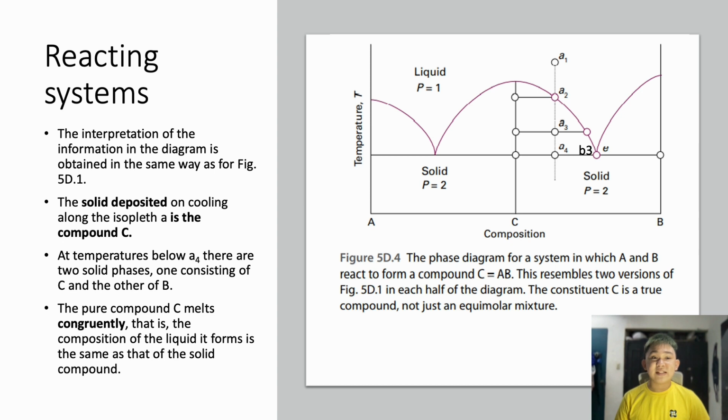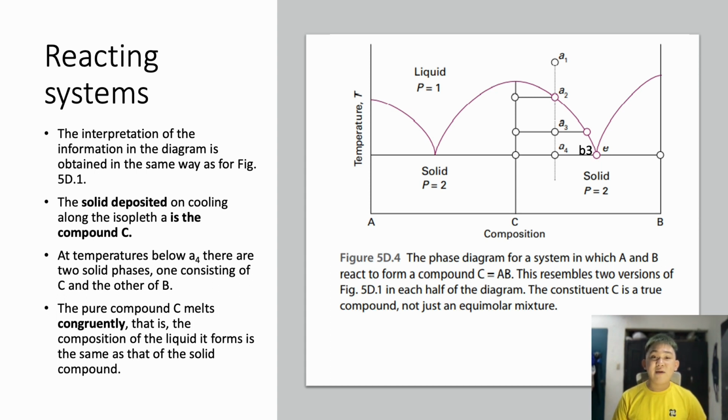The pure compound C melts congruently. That is, the composition of the liquid it forms is the same as the solid compound, which means that when C is formed from the reaction between A and B, if you melt C into its liquid form, it would also be compound C. For example, we have gallium and arsenic, which yields gallium arsenide.